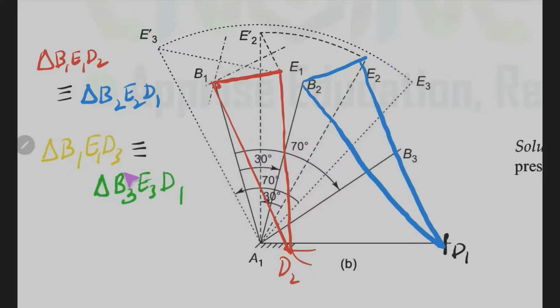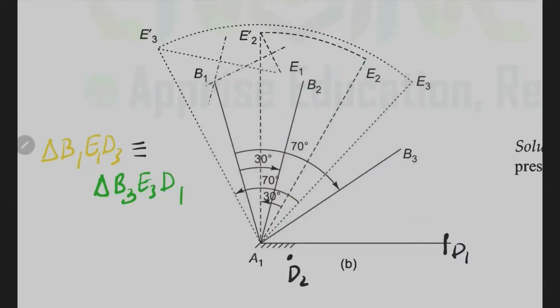Now we have another set of congruent triangles, that is B1 E1 D3 and B3 E3 D1. I'm going to erase the rest of the construction so that it will be easy for us. So here we have our D1, here we have our D2. Our goal is to find D3 using D1, B3, E3 and B1, E1. Let us construct B3, E3, D1 first.